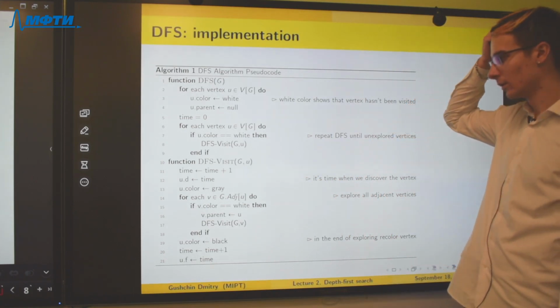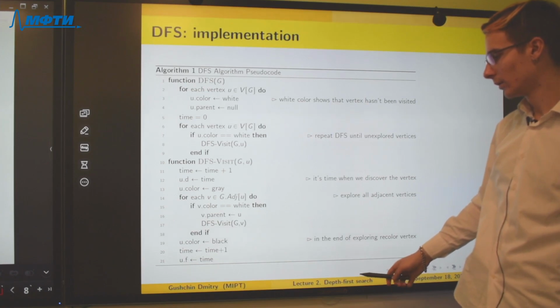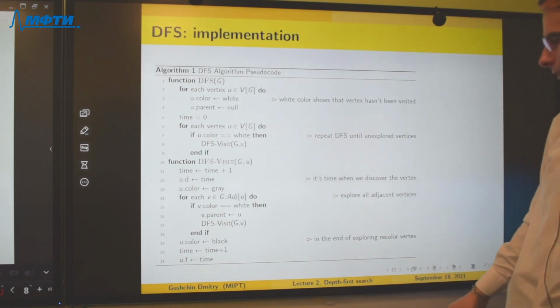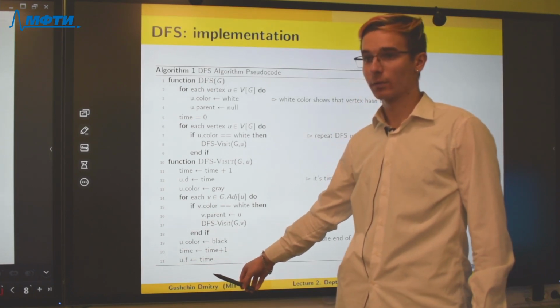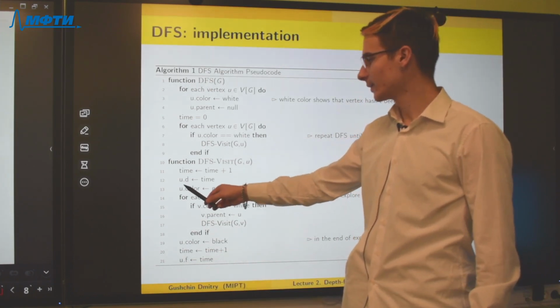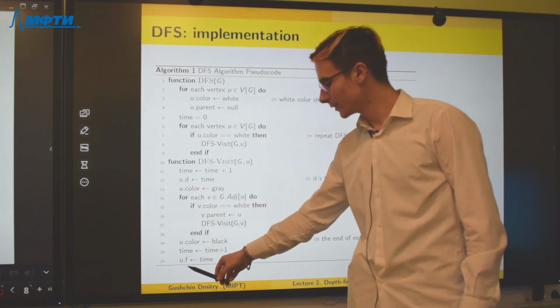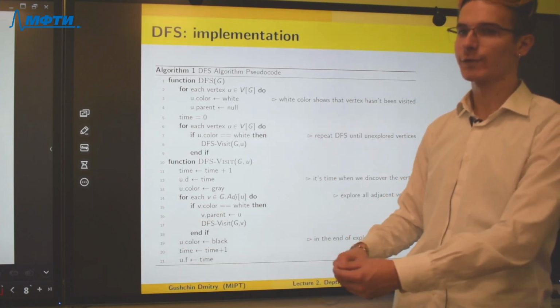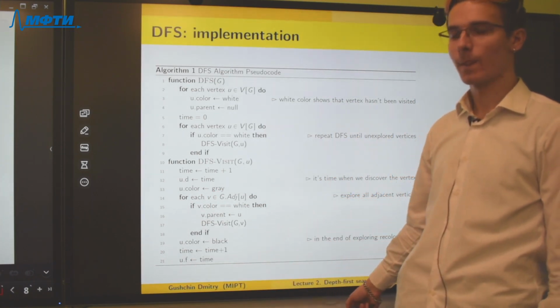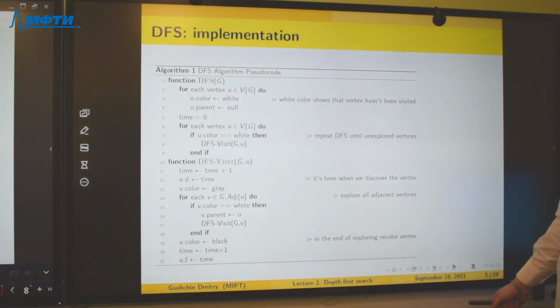Last time, line 21, you will do f equal time. What's this? It is the finish time. The discover time is when we discover the vertex, and the finish time is when we finish exploring the adjacent vertices of vertex u. So in applications you can use it. If you don't need discover time or finish time, you can drop this row from the code.